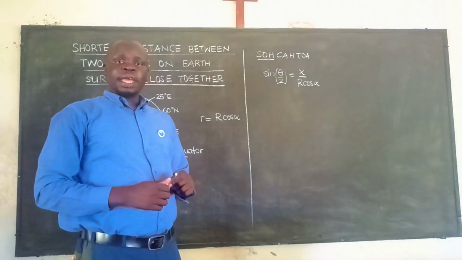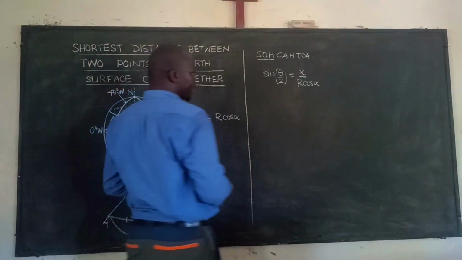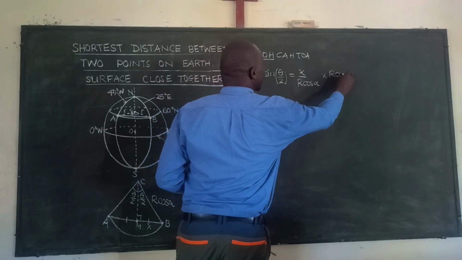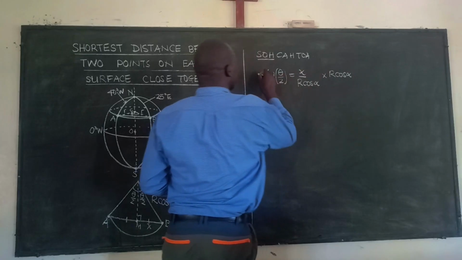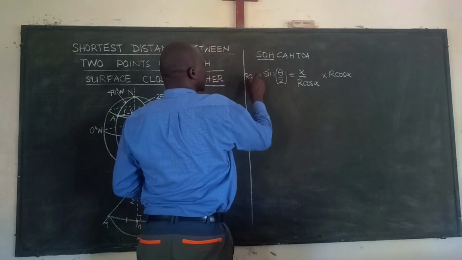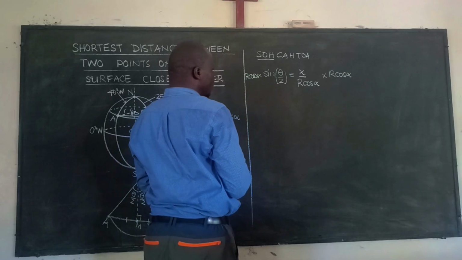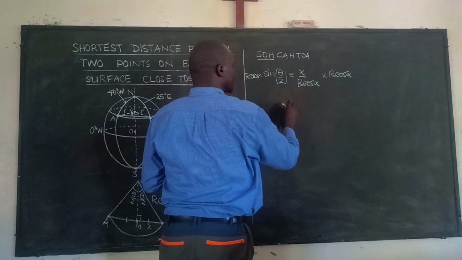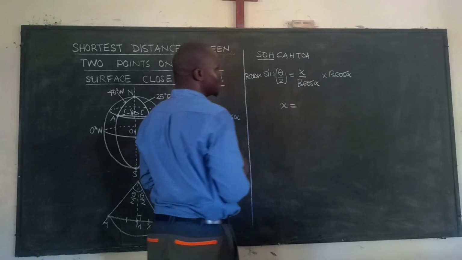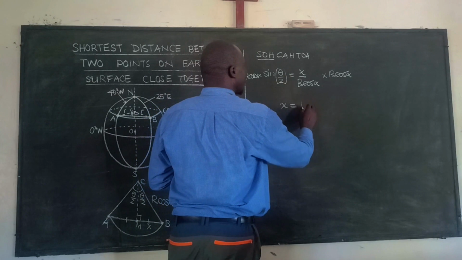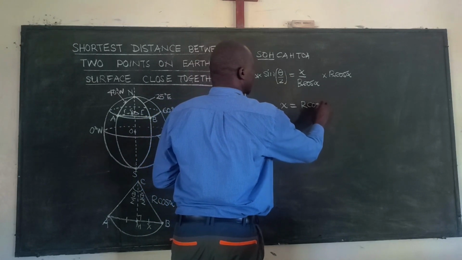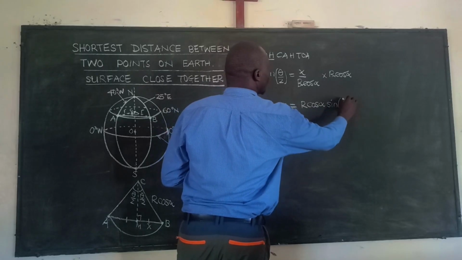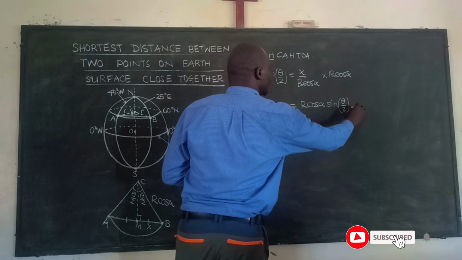So our main target is to make x the subject, meaning we multiply both sides by r cosine of alpha. We notice that this denominator will cancel and I am left with only x. So if I arrange to have my x here, I will have r cosine of alpha times sine of the angle theta over 2.